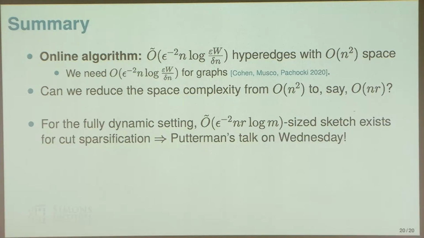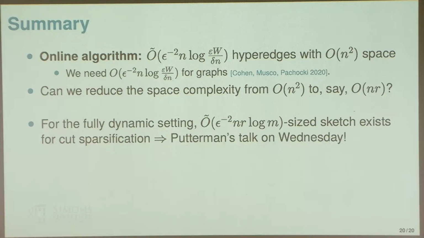And we know that this is basically tight for graphs, but we are not very sure whether the bound we got for hypergraphs is always tight. For example, when the hypergraph has hyperedges of large sizes, I'm not sure this log W is always needed. So this might not be a big open problem, but it is one open problem.